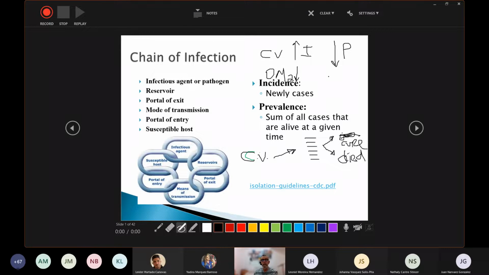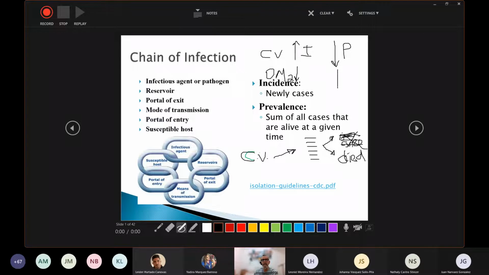But what happens with diabetes? You don't cure diabetes. There is no cure for diabetes. You continue being diabetic the rest of your life, and you don't die quickly of diabetes. So every day 50 or 60 new cases are diagnosed, a low incidence, but they are added along the time to the statistic.